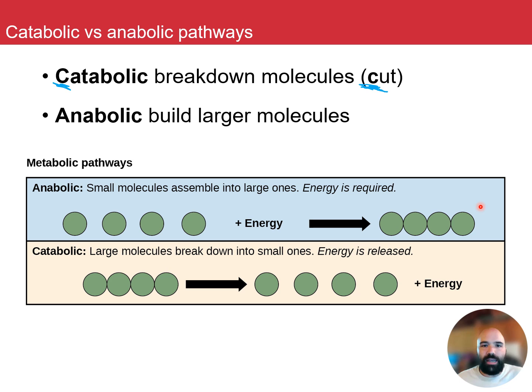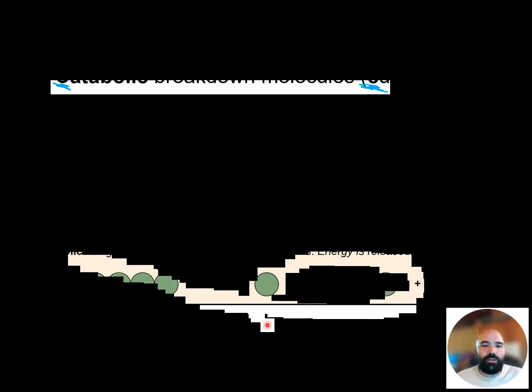An anabolic pathway takes lots of smaller pieces and brings them together. We reduce entropy, reduce disorder, and therefore this is going to require energy. Whereas catabolic pathways take a larger molecule and break it down into smaller ones, and this is ultimately going to release energy. But again, this is a series of multiple reactions. An anabolic pathway could include multiple exergonic steps, and a catabolic pathway could include multiple endergonic steps.